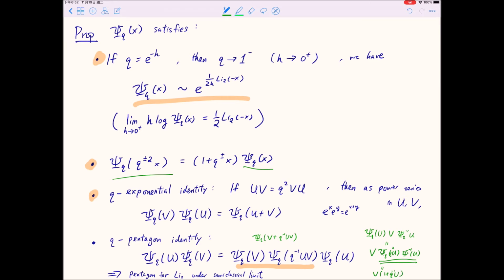Yeah, plus. And then you can see that this expression is exactly the expression here. Yeah, when you write q vu, then it becomes q inverse uv. So these two will imply the pentagon identity. So here you have a conjugation. So after doing this, you can just apply q to the whole thing, and you will get the pentagon identity.